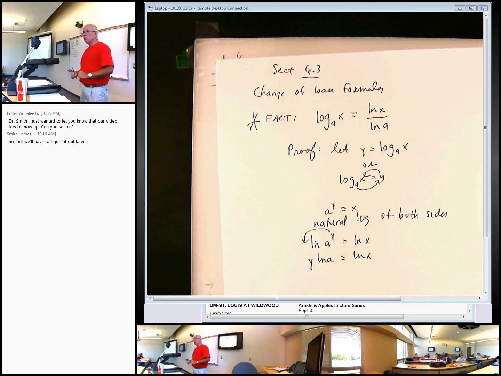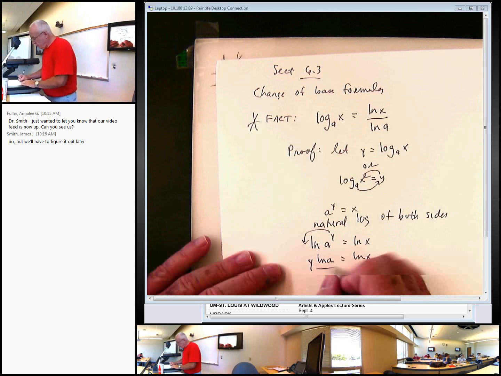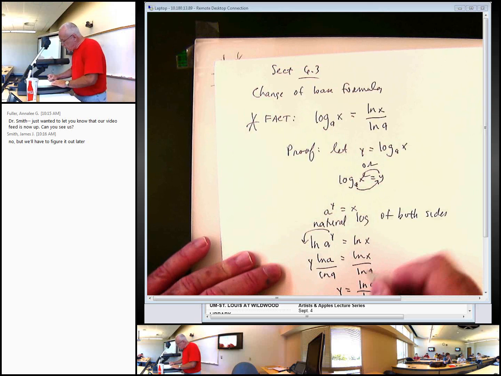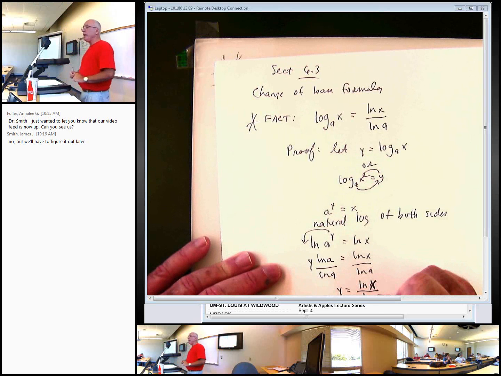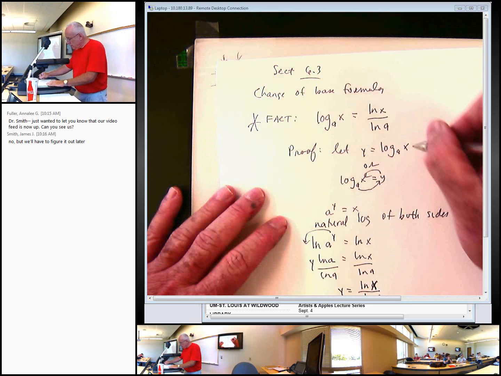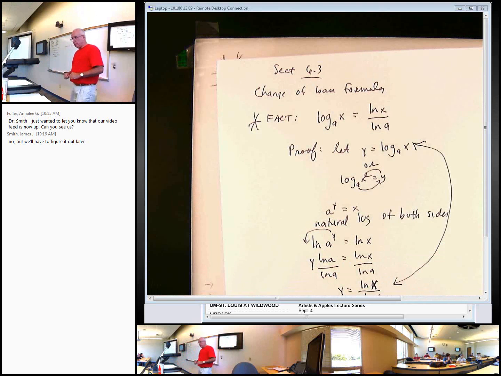Just using one of the log properties. And now divide both sides by the natural log of a. So we come up with y equals the natural log of x divided by the natural log of a. And of course, y is this thing right up here. So we're showing that those two are equal to each other.